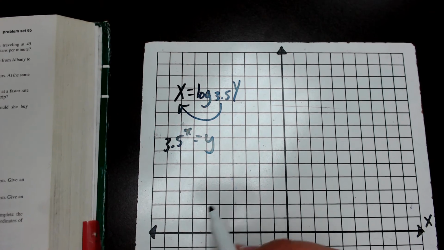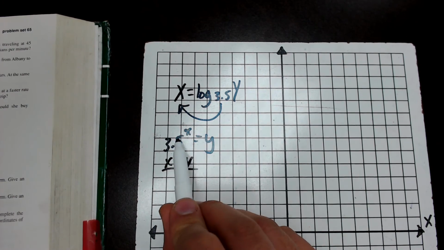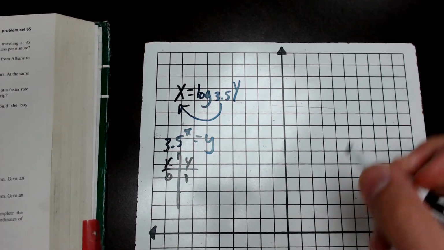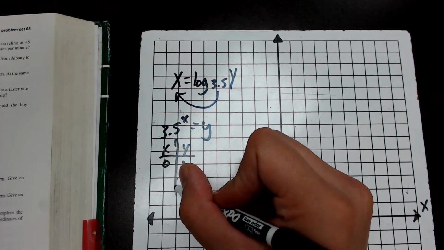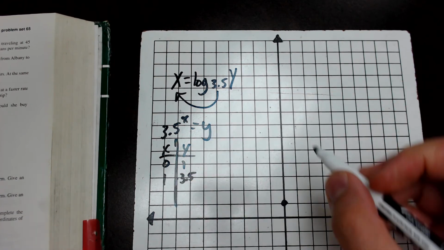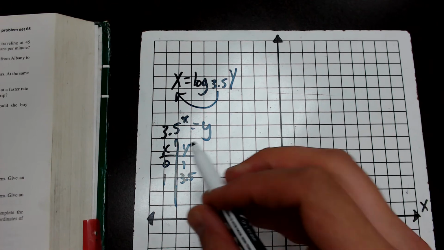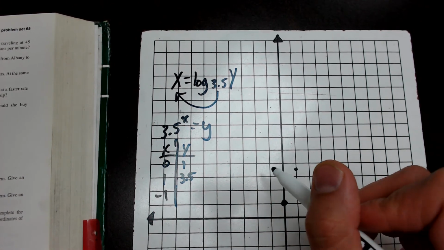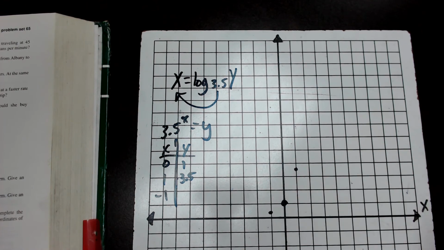If we do our x and y table, if we plug in 0, then y is going to equal 1. So (0, 1) is one point right there. And then if we plug in 1, y would be 3.5. And if we plugged in -1, we'd have 1 over 3.5, which would be smaller, like that.